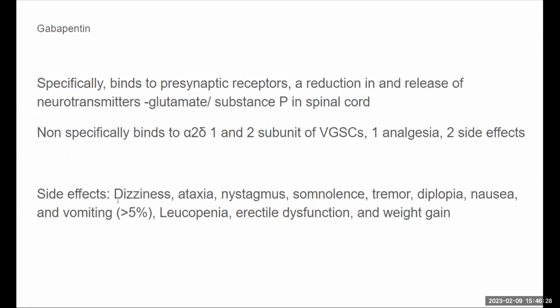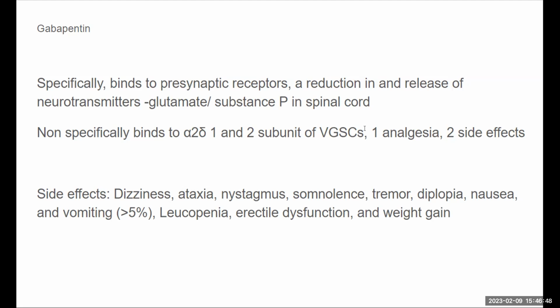There are two subunits, alpha-2 delta-1 and 2, and it binds to both of them non-specifically. One is more specific for analgesia and 2 is more specific for side effects.